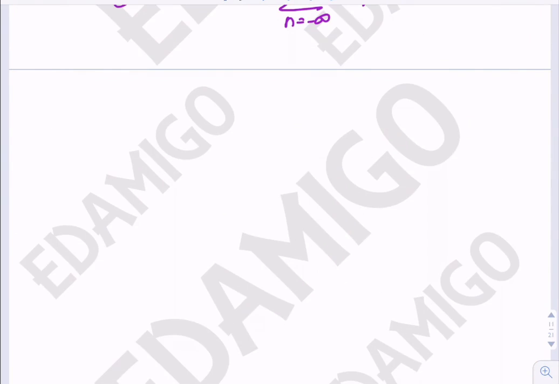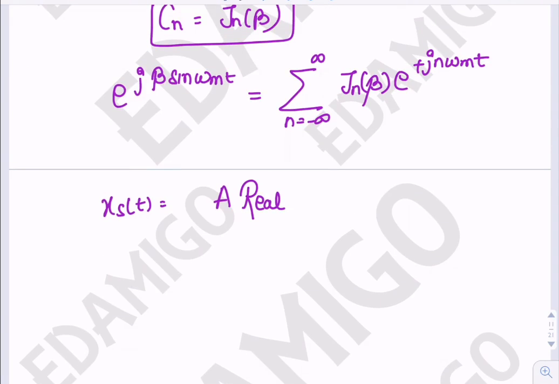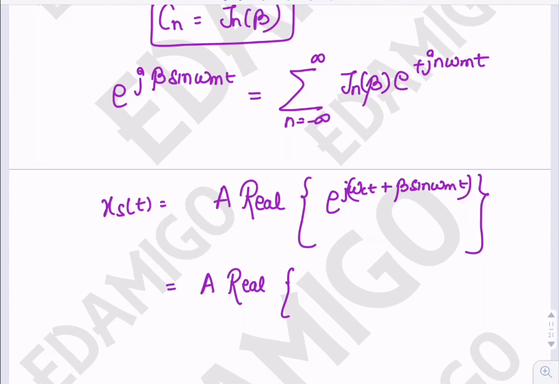We know that x(t) was A times the real part of e to the power j(omega_c t plus beta sin(omega_m t)). So this can be written as A times the real part of e to the power j omega_c t, and e to the power j beta sin(omega_m t) will be written like this, the summation over n from minus infinity to infinity of Jn(beta).